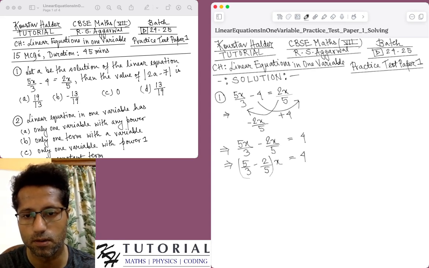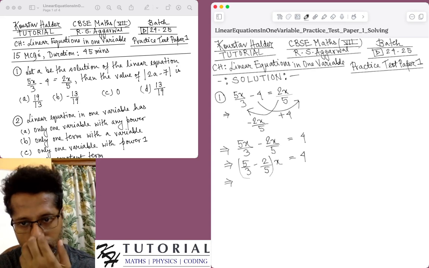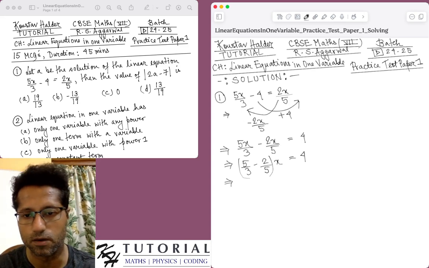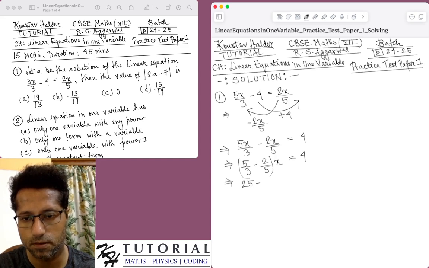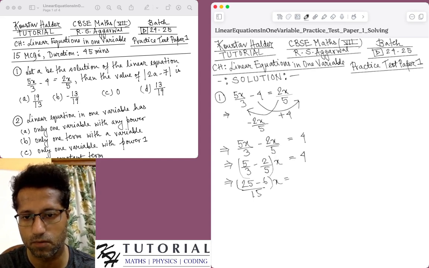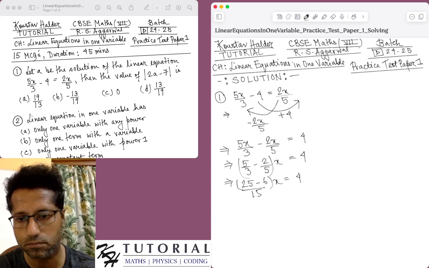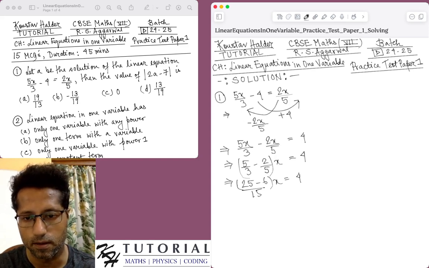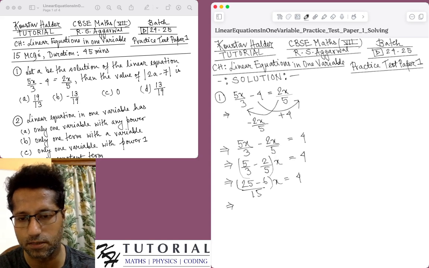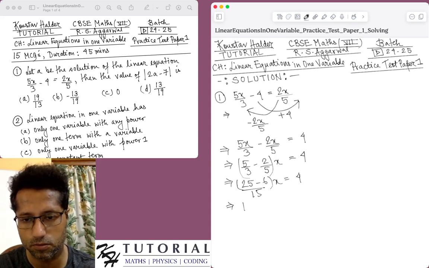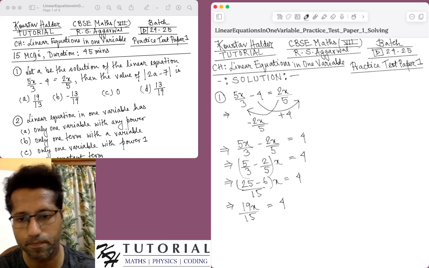This equals 4. Now 5 by 3 minus 2 by 5 is 25 minus 6 by 15, so x times that equals 4. 25 minus 6 is 19, so 19x by 15 equals 4.